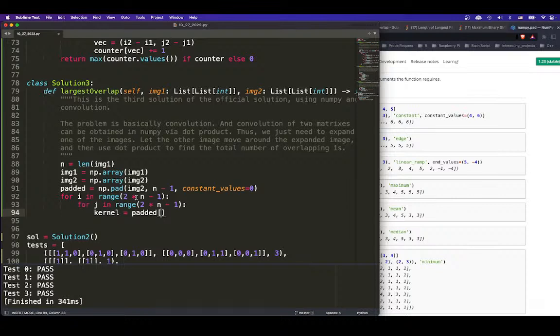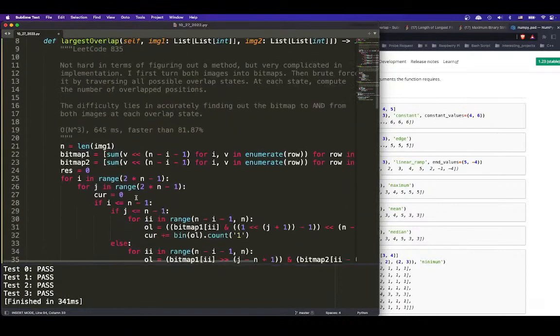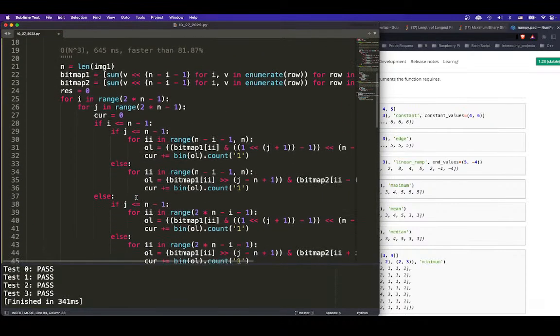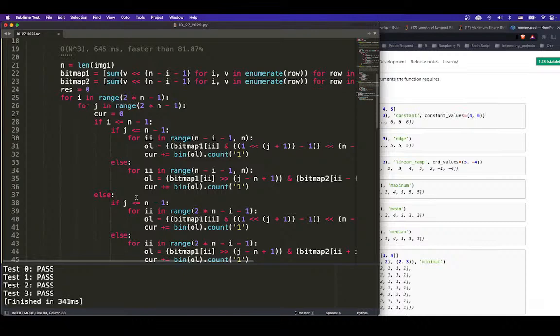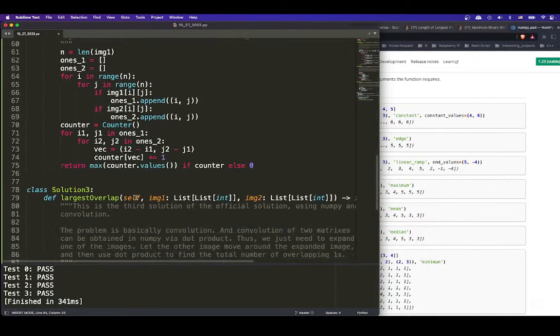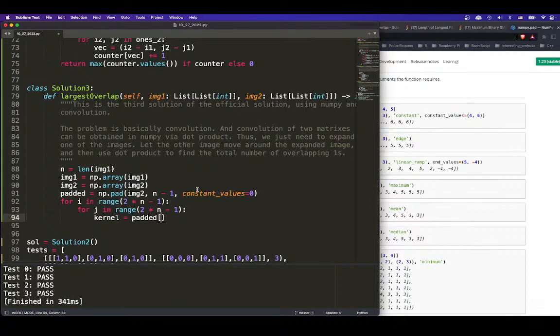It's n minus 1. Oh crap, it is correct. It is correct. My bad. It is correct. Yeah, that's how much you can move. That's how much you can move. Yes, that's correct.